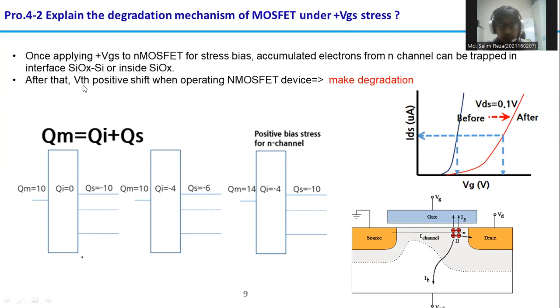After that, VTS is shifted positive. You can see the positive shift when operating, which makes more degradation of the device. So this is the positive bias degradation for the n channel.